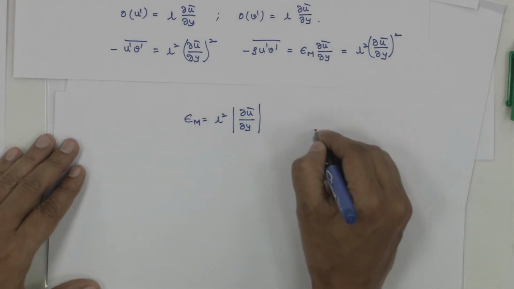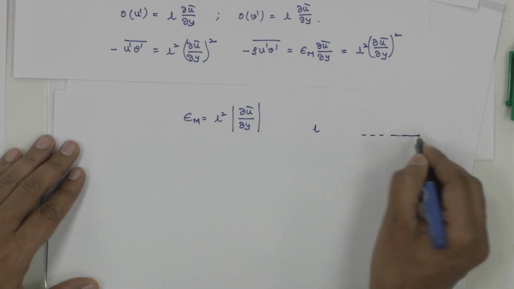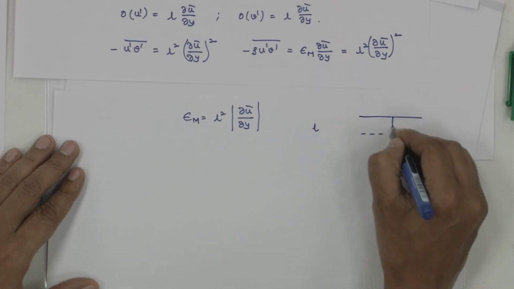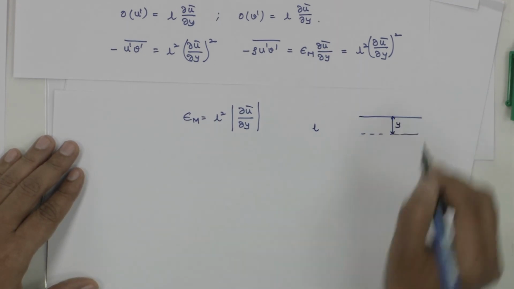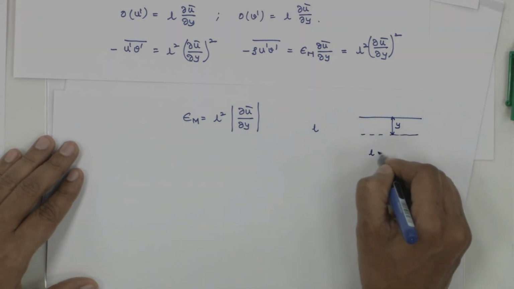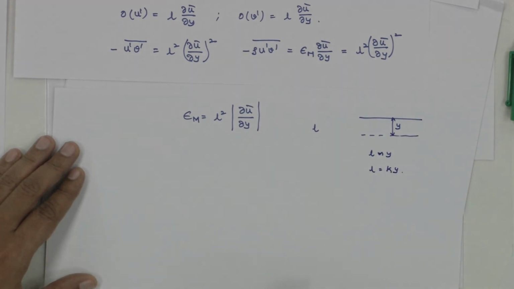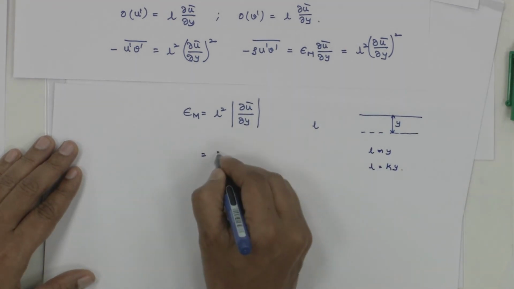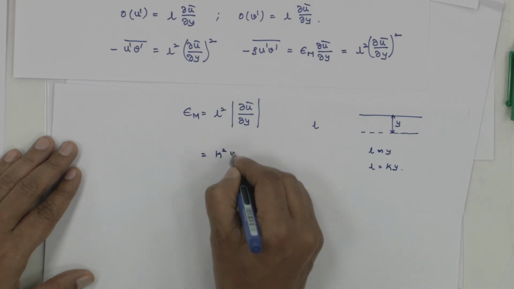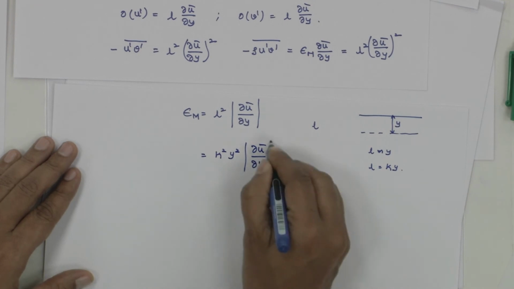But now what should be the scale of L? The scale of L, if you take the pipe, can be of the order of the complete y. But then L is of the order of y means L is equal to some constant times y, kappa. So I write this as kappa squared y squared del u bar by del y.